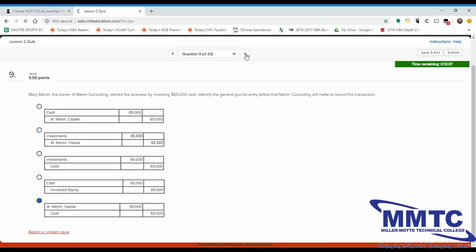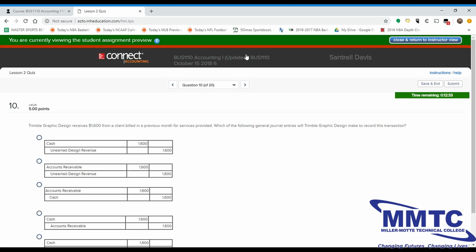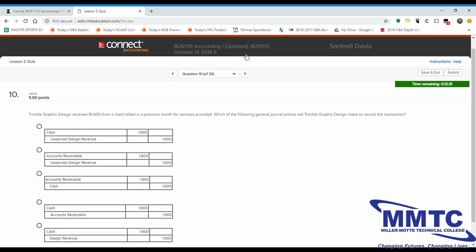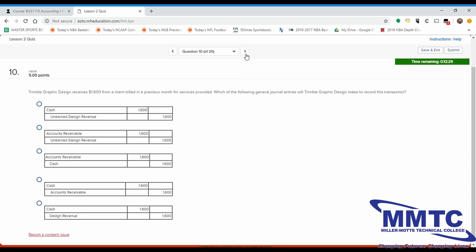We're just deciding what account to put things in. Somebody gives you cash, it goes in the cash account. If you owe somebody, it's a payable. You have to pay them. If somebody owes you, it's a receivable. You're waiting to receive it.